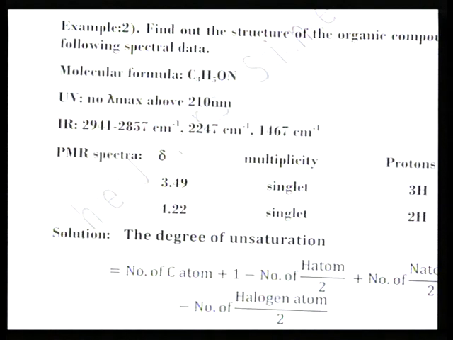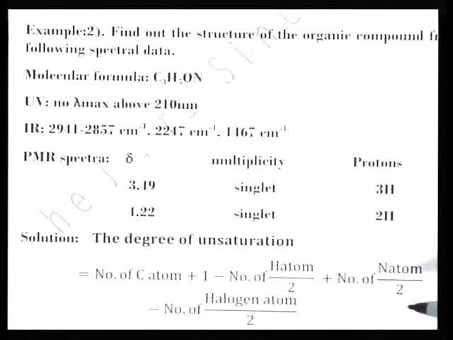Now, from this data we can arrive at the interpretation. The degree of unsaturation is given by the number of carbon atoms plus 1, minus number of hydrogen atoms by 2, plus number of nitrogen atoms by 2, minus number of halogen atoms by 2.